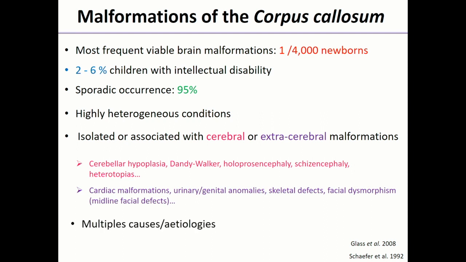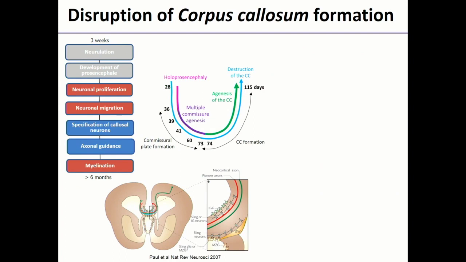Of course, these heterogeneous conditions are related to multiple causes and etiologies. Usually, agenesis of the corpus callosum results from a disruption of the development of the corpus callosum, at least one of the essential steps.